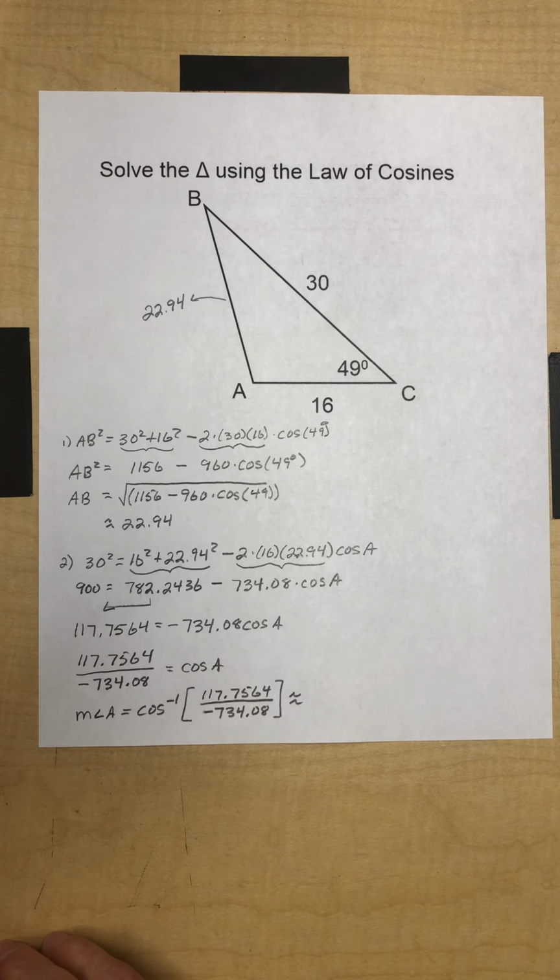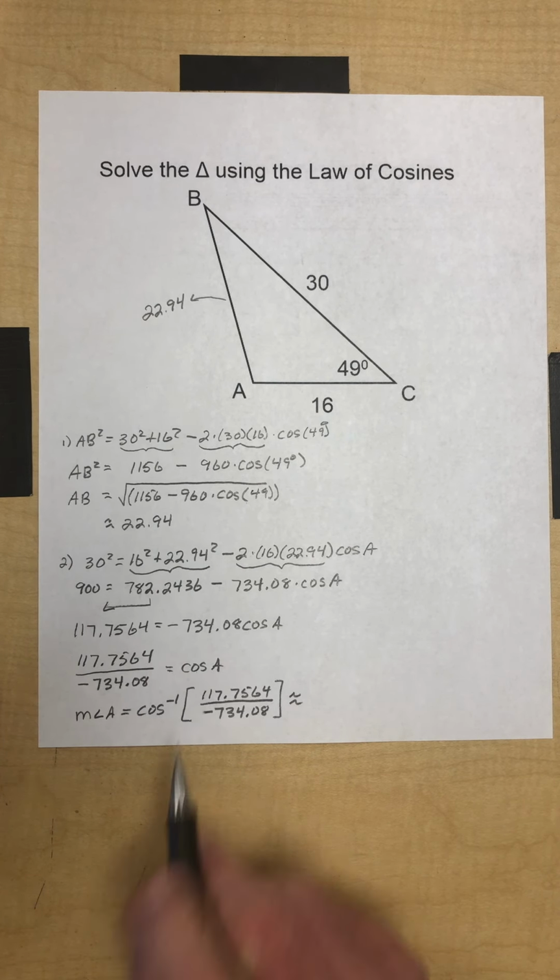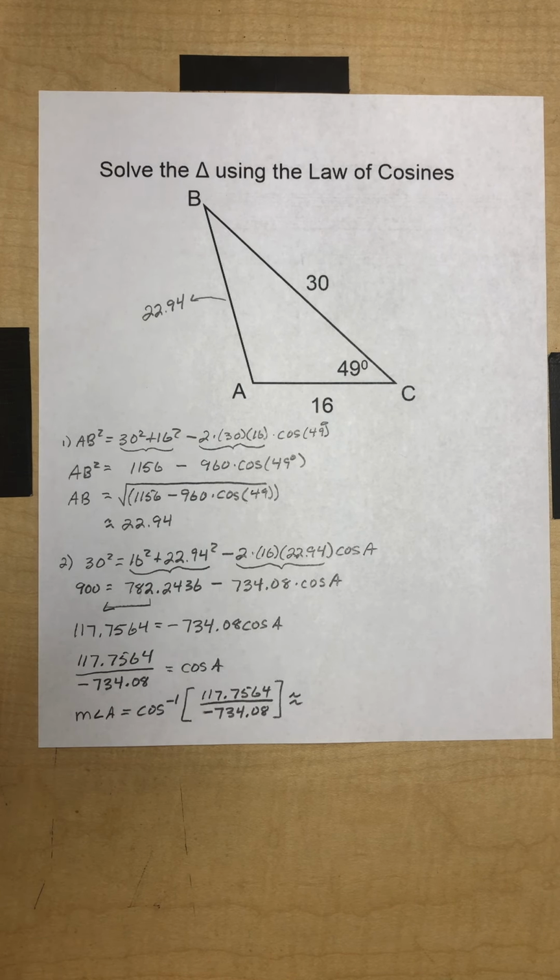So I go second, cosine inverse. Okay, parenthesis comes up, 117.7564 divided by, and don't forget that negative right there, negative 734.08, parenthesis, and I hit enter.